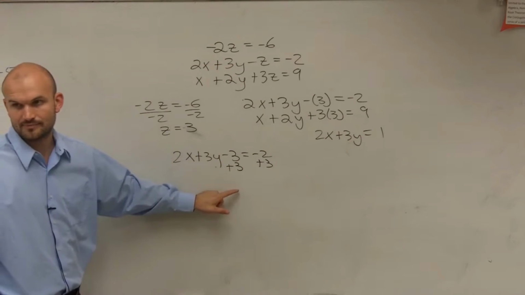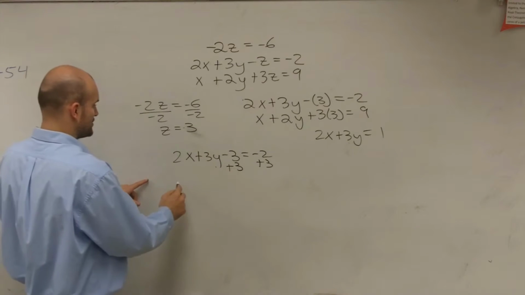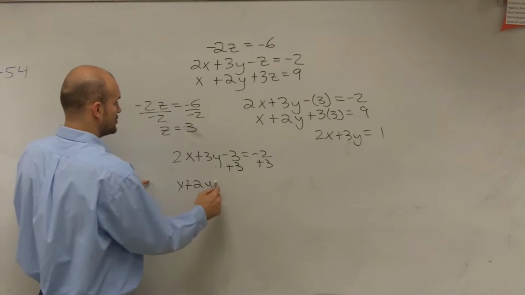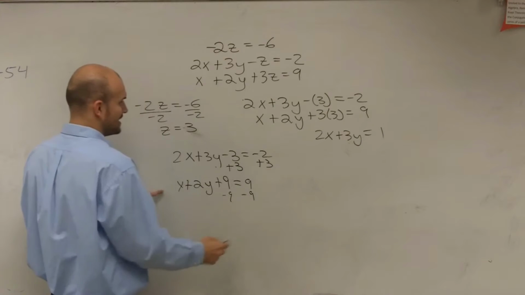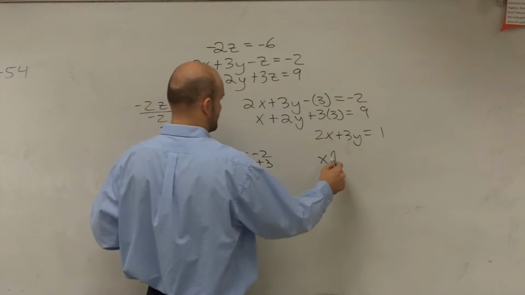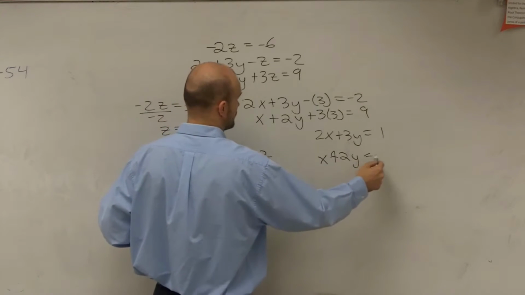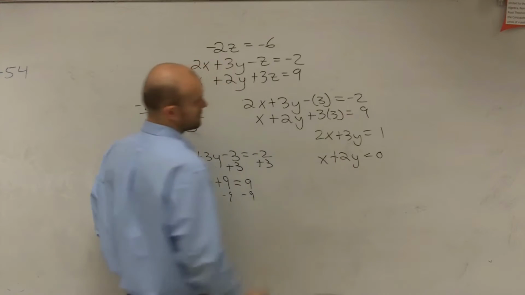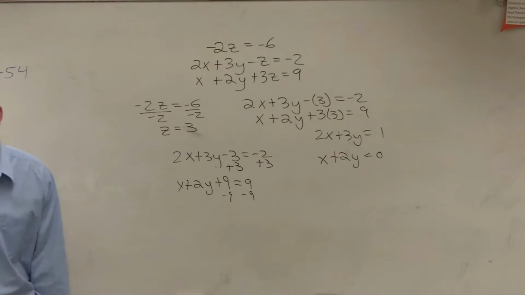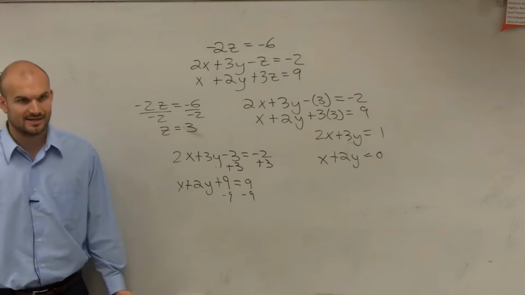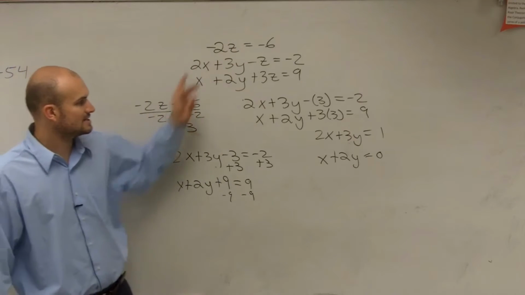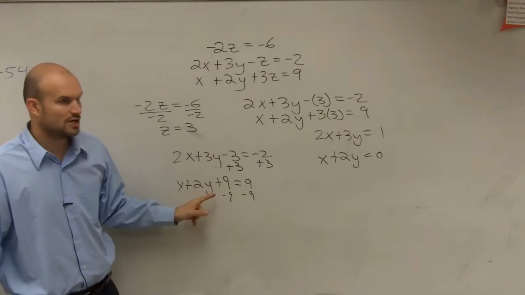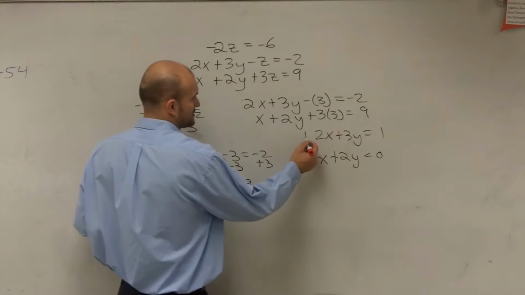Does everybody see what I did? Then I could take my second equation, which would be x plus 2y plus 9 equals 9. Subtract 9, and I get x plus 2y equals 0. Does everybody follow what I did? I figured out what z was, I plugged it in, and then I solved for it, and now I get my 2 equations.